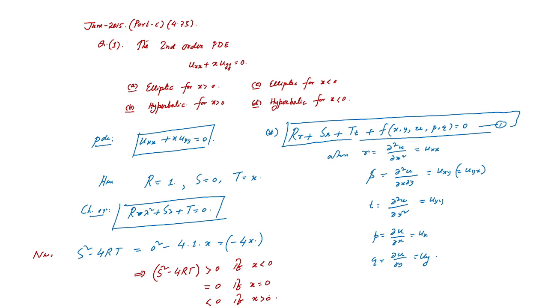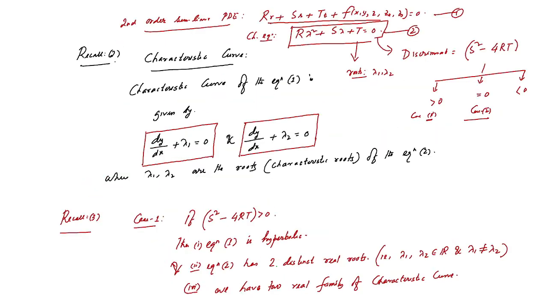Okay. So we conclude here S square minus 4RT greater than 0 if X less than 0. If it is greater than 0, that is basically hyperbolic.